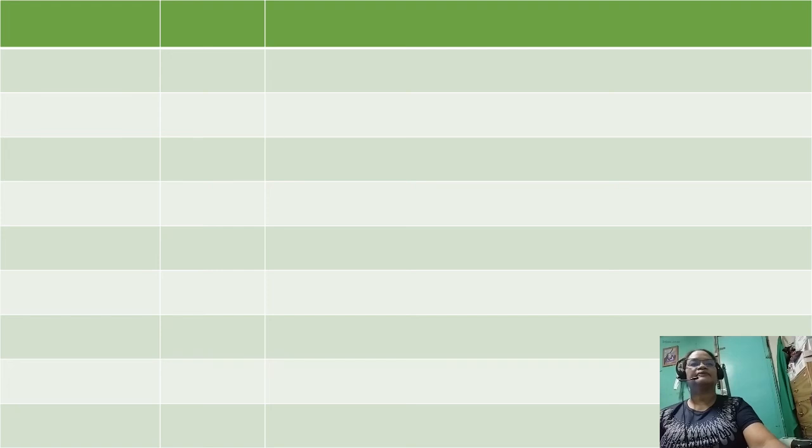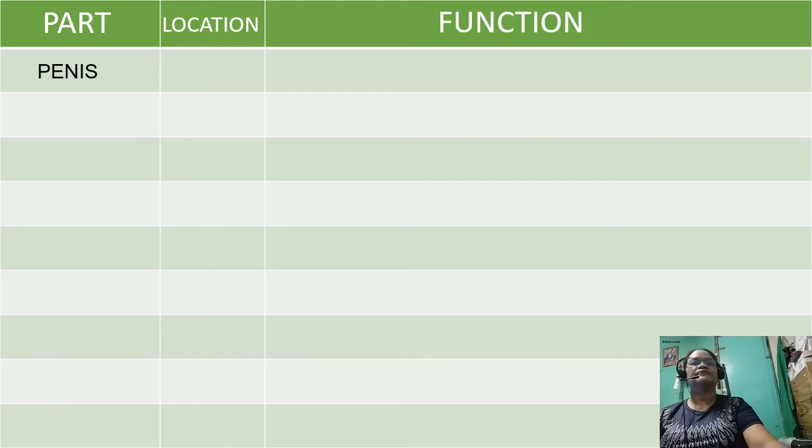Below is a table of the parts, location, and function of the male reproductive system. And we are going to describe them one by one.